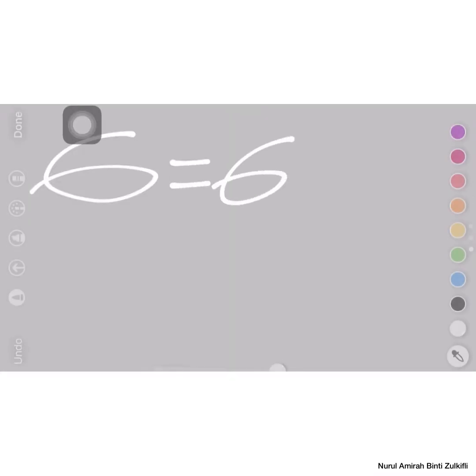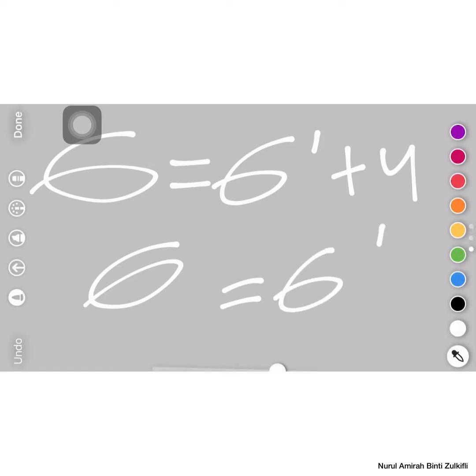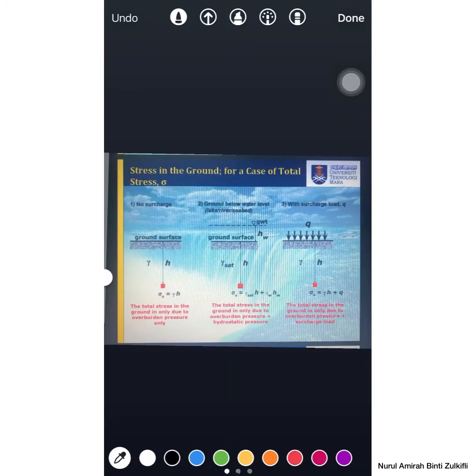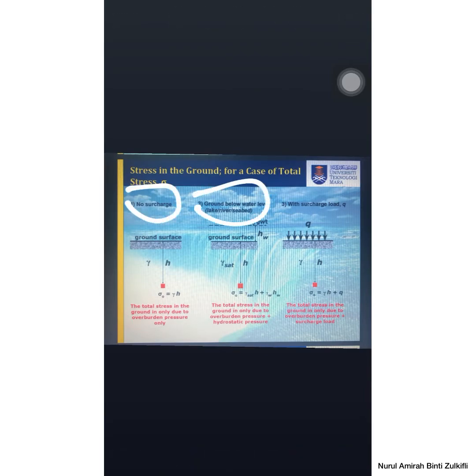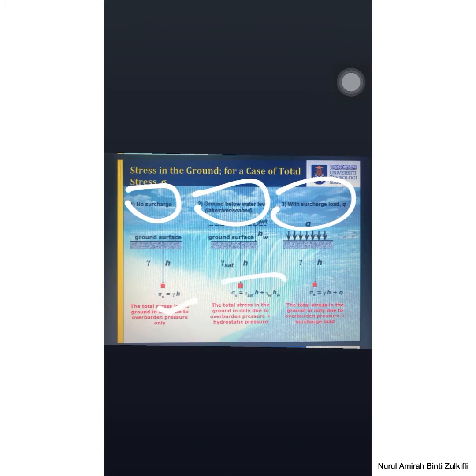The first one is for the saturated condition, and the second one is for the fully dried condition. So stress has three cases: no surcharge, groundwater table, and the last one, fully dried soil with surcharge load, and they have their own formulas, which are this and this.